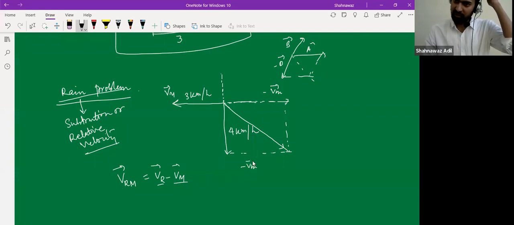Minus VM, okay? And this is VR. So the rain is pouring like this, okay? The rain is pouring like this. The relative velocity of rain is like this. Understood? So in what direction should we hold the umbrella?